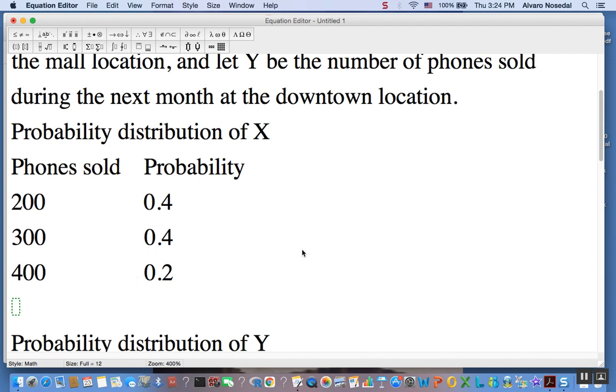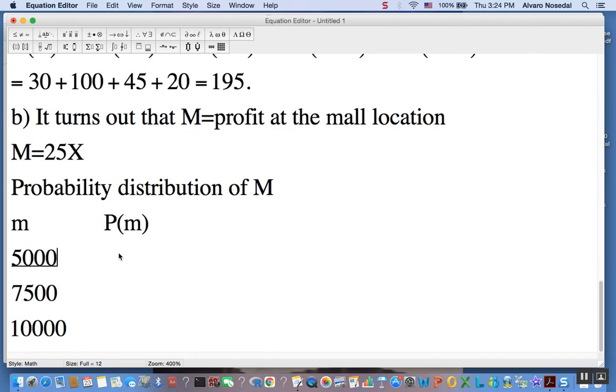Make sense? So we have 0.4, 0.4, and 0.2.